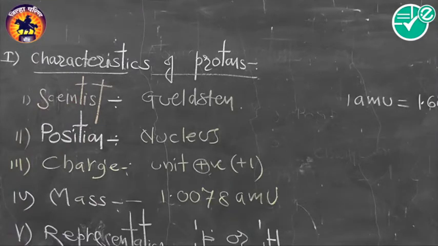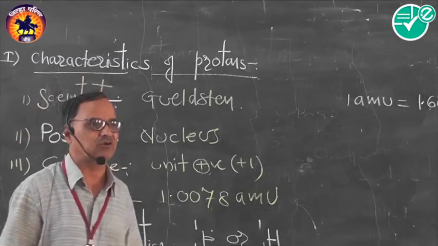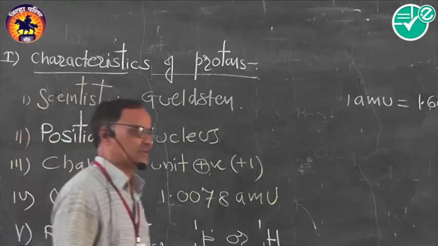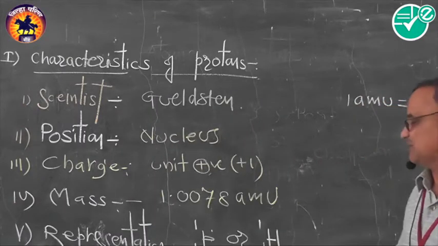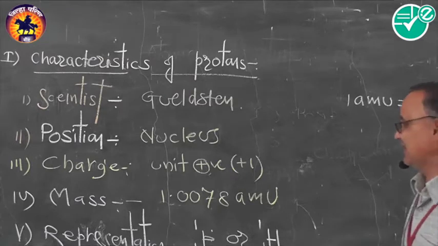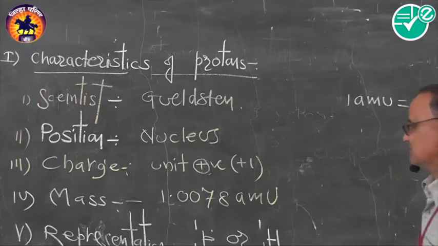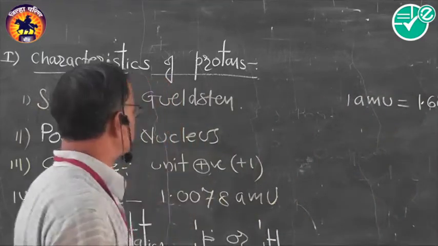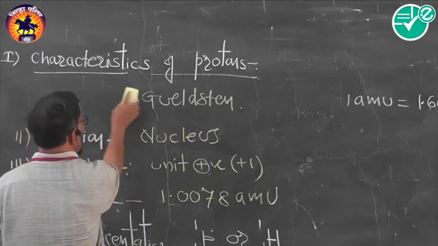The mass of proton is very negligible, and that is equal to 1.0078 atomic mass unit. And finally, the representation of proton is P11 or H11 because the mass of proton and mass of hydrogen atom are nearly equal to each other. So this is all about the characteristics of protons only.